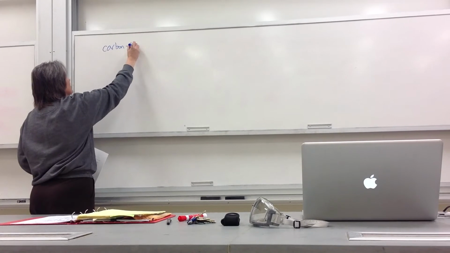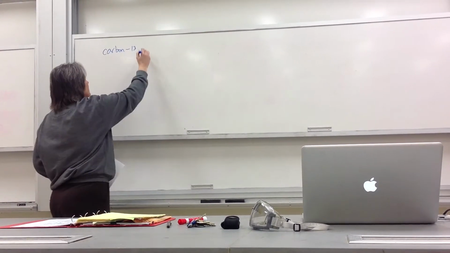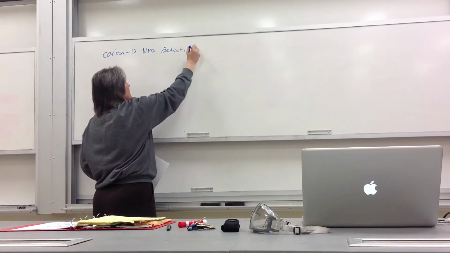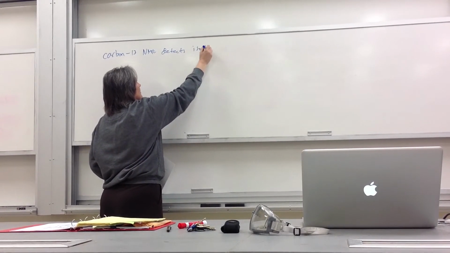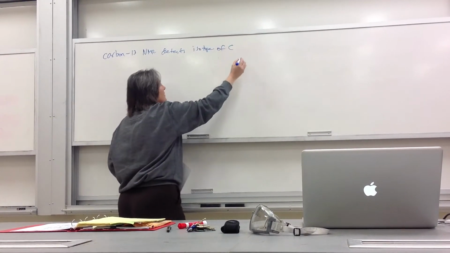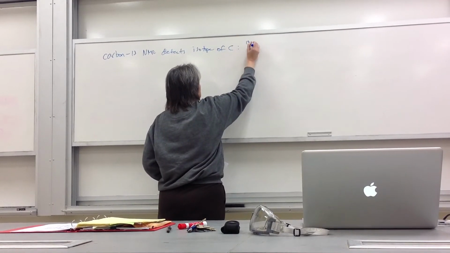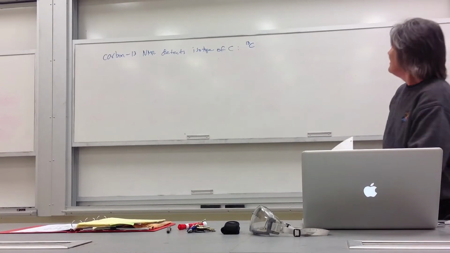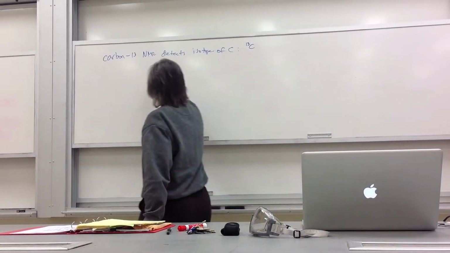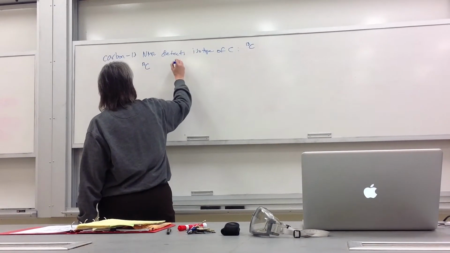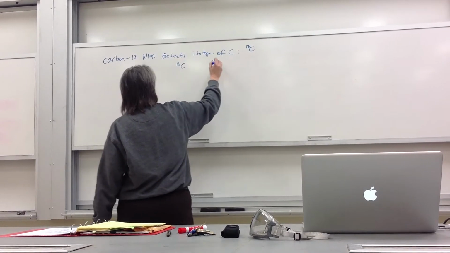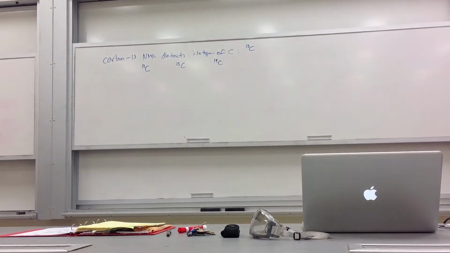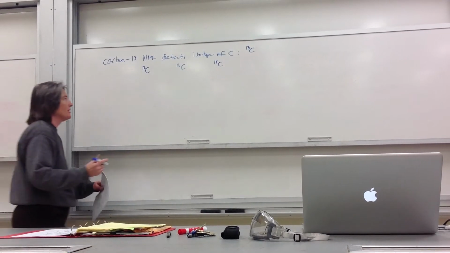So, this first sentence is sort of a no-brainer, but carbon-13 NMR detects only one isotope of carbon, and that is, guess what? C13. So, with carbon, you have carbon-12, you have carbon-13, and you have carbon-14. Carbon-12 is the one that is the major one.